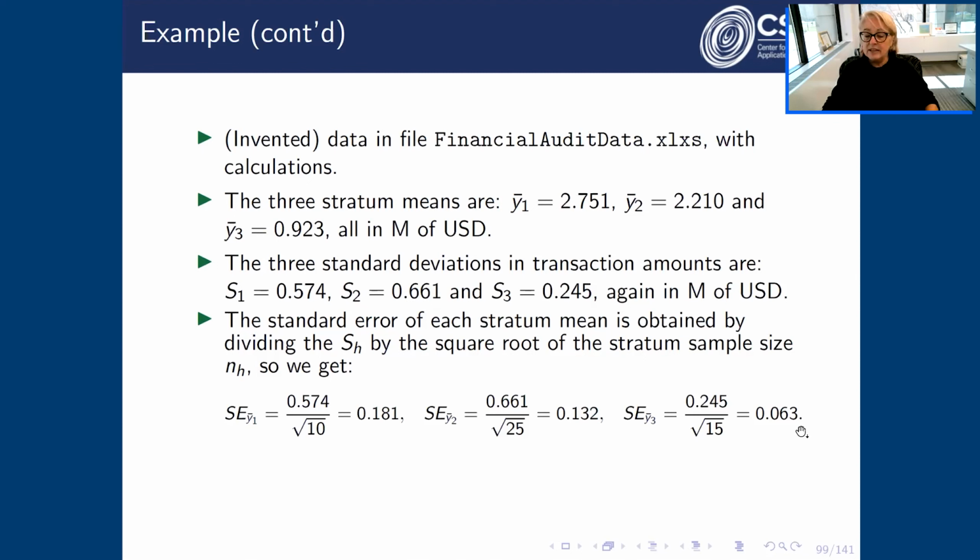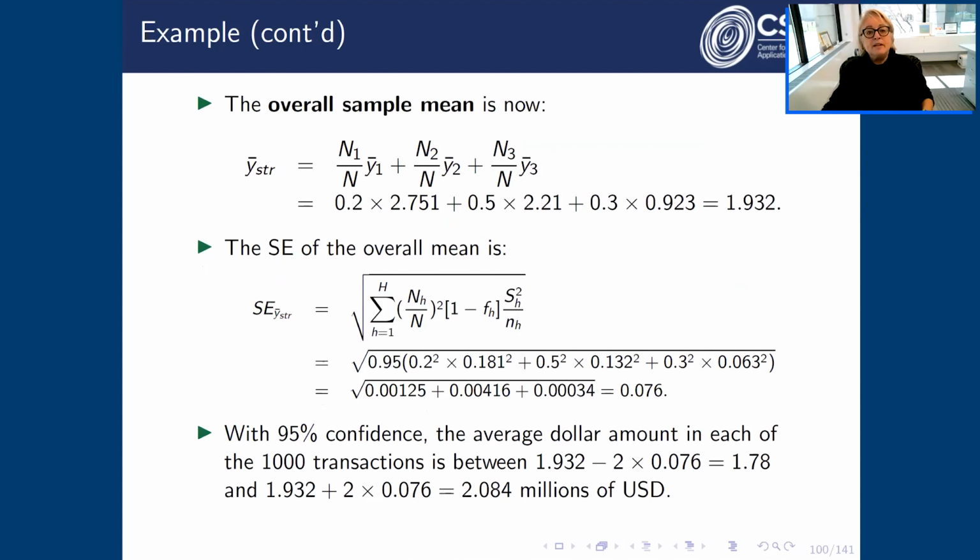So now I have everything that I need to compute the overall mean, y bar STR, and the standard error of the overall mean. The overall mean, remember, is just a weighted average of the strata means, and the weights are given by the relative size of each of those strata in the population. This is what you get, 1.932 millions. And I wrote it differently here.